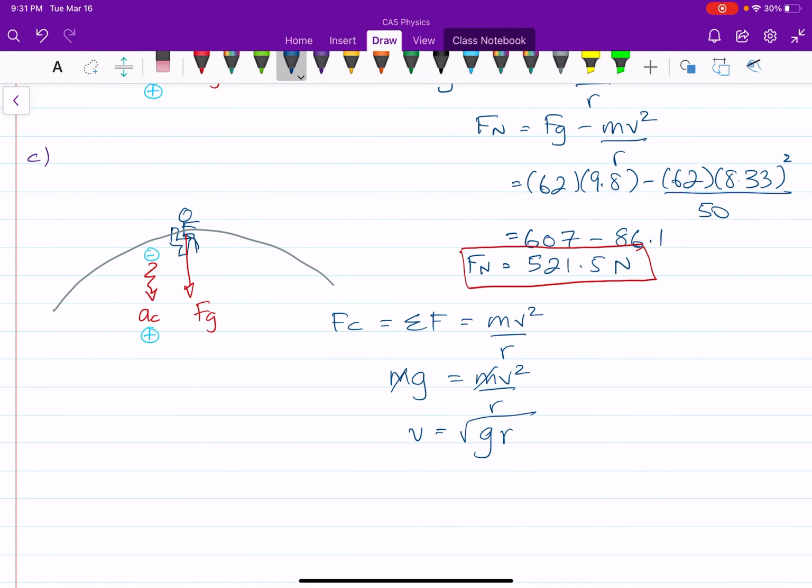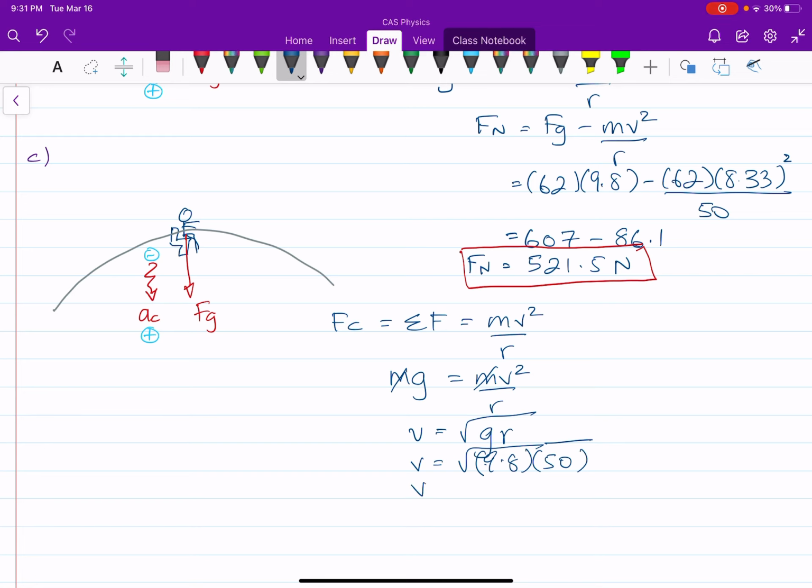It's the same idea. Now 9.8 times 50, take the square root of that. Oh, no, it's not 49, sorry. v equals the square root of 9.8 times 50.